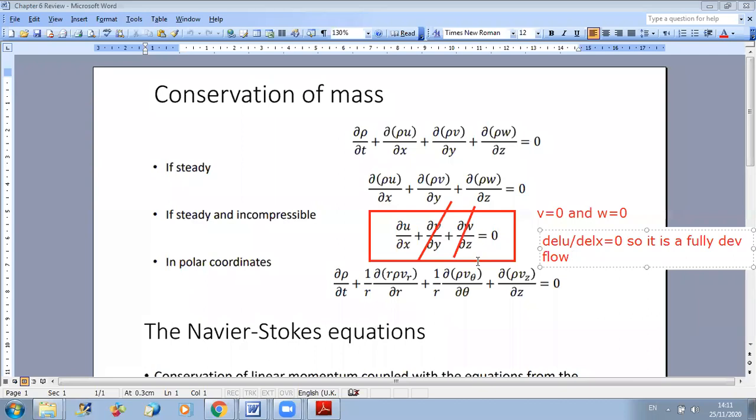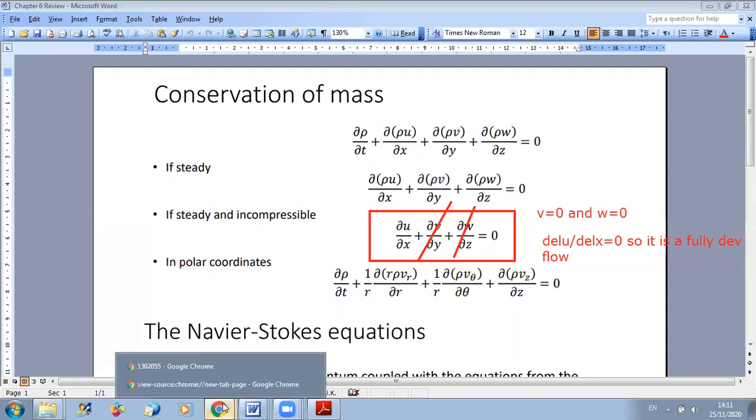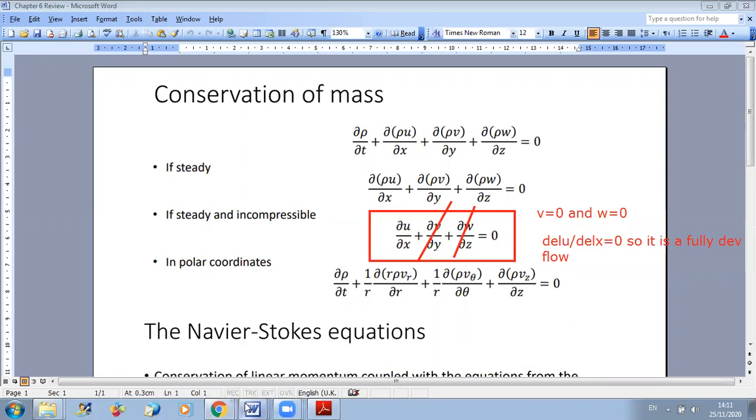Function of y and z. You can say that u is a function of y and z, but why will it not be a function of z? What did we say here? In this problem you have infinite plates in z. Because it's infinite in z, it will be independent of z. It will only be depending on y.